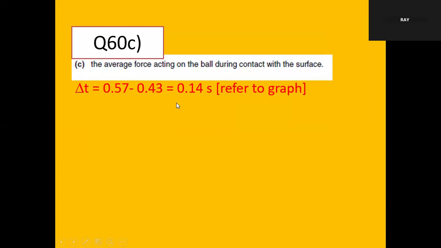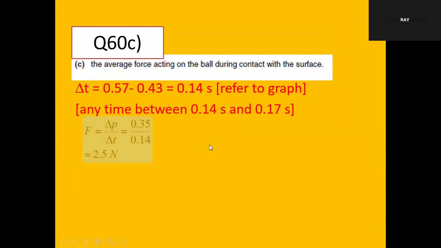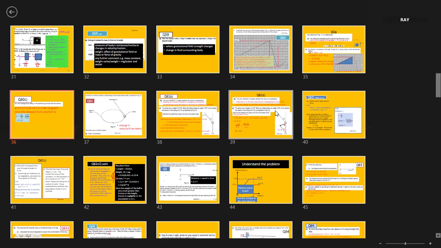So there's a change in time. They give you a range lah. And change in momentum over change in time gives 2.5 Newton. Okay. Any comment? Clear?